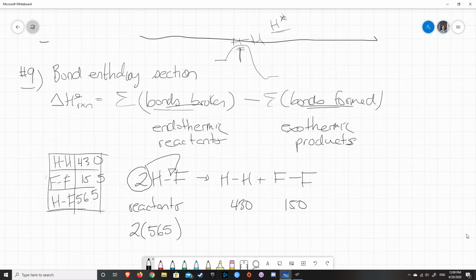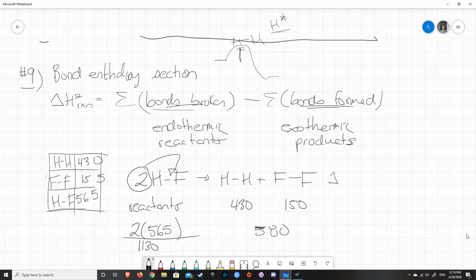So let's add these together. 430 plus 150 is 580. And if we do this math, 2 times 565, we get 1130. So we need 1130 kilojoules to break all the bonds, and we only release 580 kilojoules. So that means that this is going to be an endothermic process.